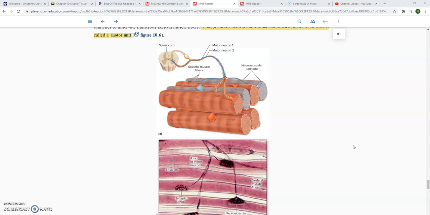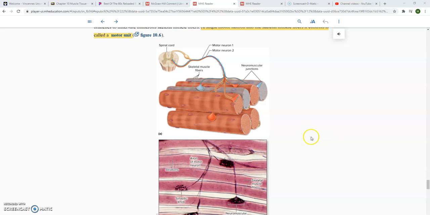But if you think about the muscles in your thigh that are mainly there for movement, like walking, there doesn't have to be as much precise control in that area of the body. So we'll have a much larger motor unit that innervates 100 or 1,000 different skeletal muscle fibers in a particular muscle.